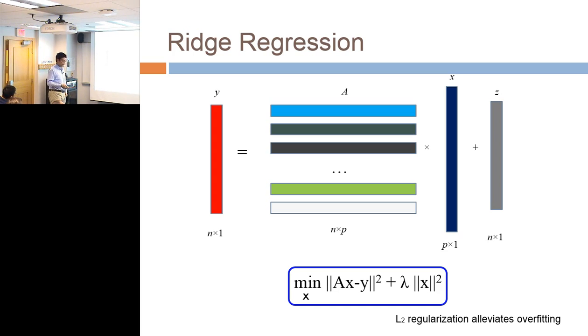More specifically, overfitting means that you may have very small training error, which means your model fits the observed data pretty well. However, it may give you very poor generalization performance, which means this model may result in huge errors on the testing data, right?